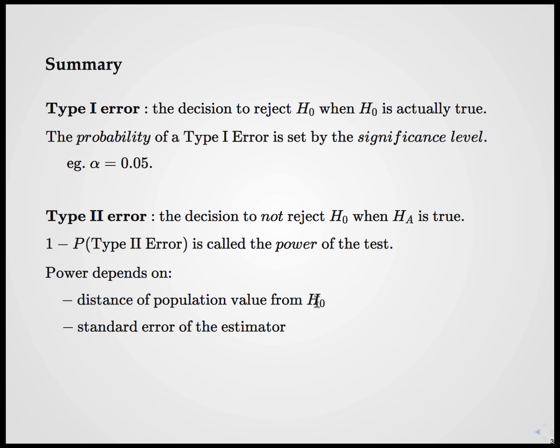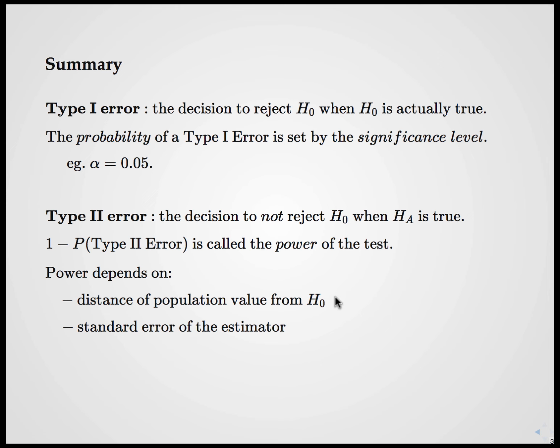It's quite easy to tell a null hypothesis which is taking a value a long way from the population, because the information in the sample will estimate what's in the population. If the null hypothesis is a long way from that, then we'll get a large test statistic, and therefore most likely get a rejection of the null hypothesis. It doesn't look like what's in the data. And the reverse is if what's in the null hypothesis is quite similar to what's in the data, then we're much less likely to get a rejection.